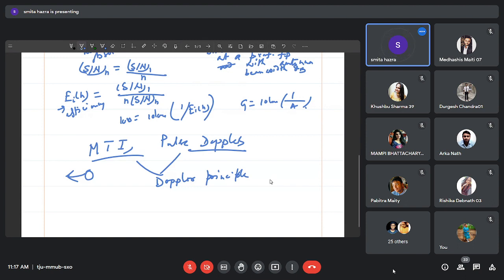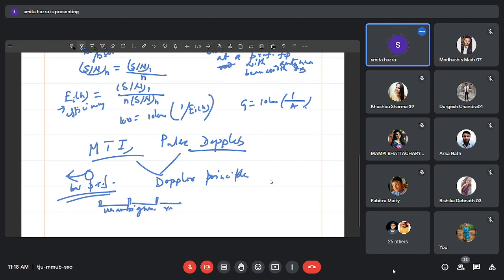That means one class of radar, MTI and pulse Doppler, acts over unambiguous ranging and the other class over unambiguous Doppler. For the MTI class, they use very low PRF. PRF means pulse repetition frequency, isn't it? That is, at what gap the pulses are there. So this low PRF is used to get what? To get unambiguous ranging.